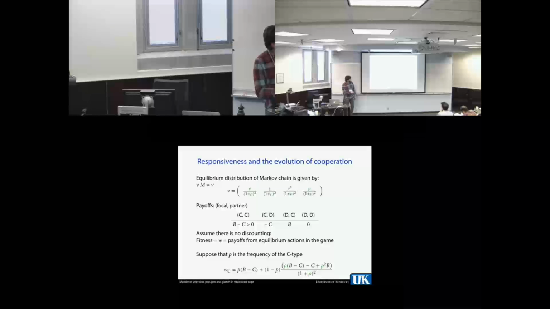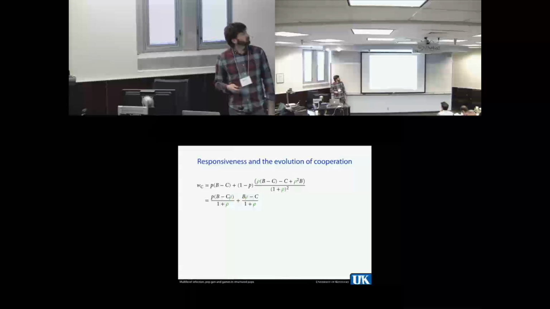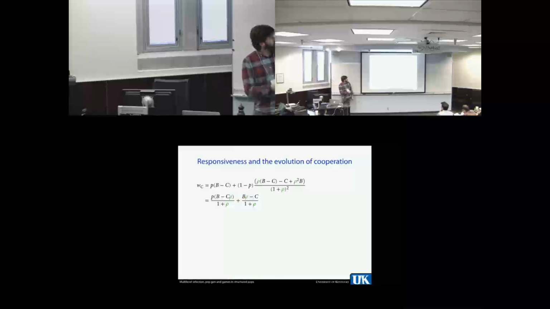We sum up the benefits the cooperator would get across the probabilities of these 4 different outcomes, which is this quantity here. We simplify that a bit, and we get something relatively simple.